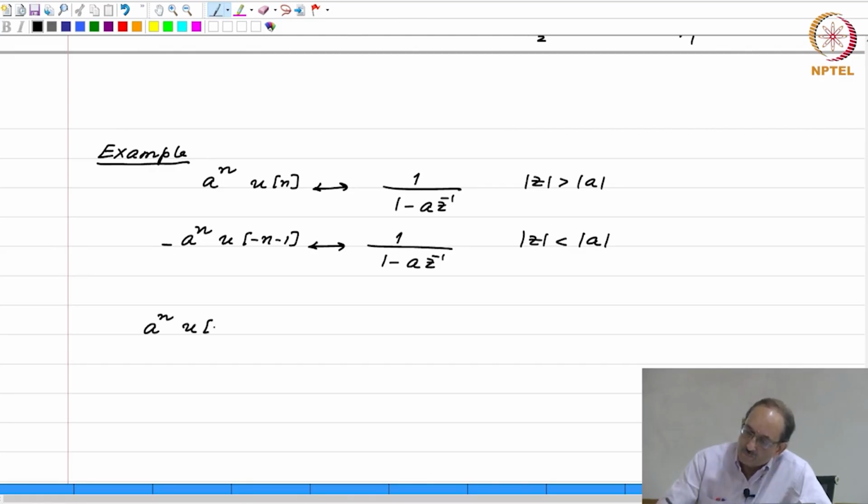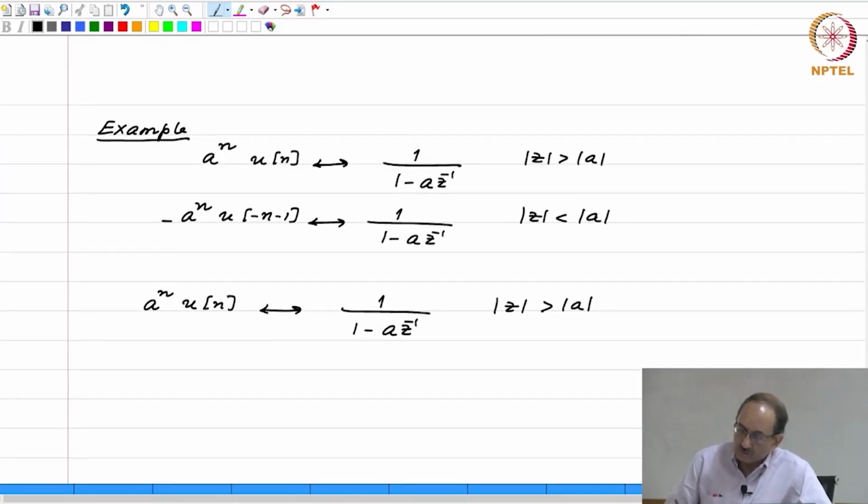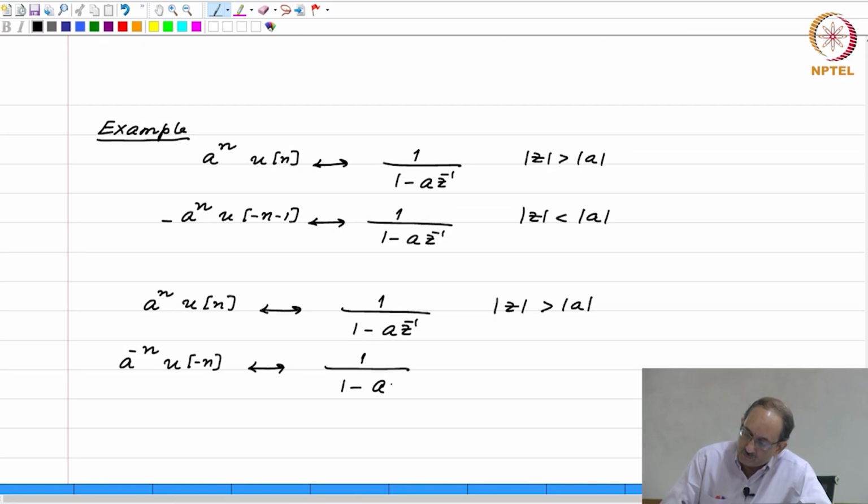So, a to the n u of n has 1 by 1 minus a z inverse, mod z greater than mod a. Therefore, if you replace n by minus n, you have u of minus n. So, this is 1 by 1 minus a z, and this is mod z less than 1 over mod a.